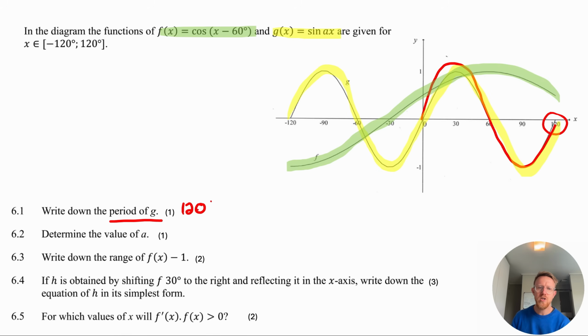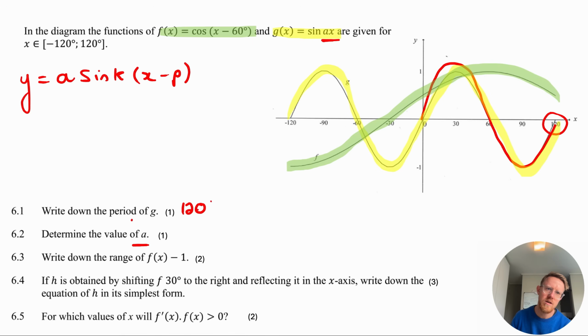Now, the next question says, what is the value of A? So we can see A is over there. So remember that in a trig equation, we usually get something like this. Now, they've made it a little bit weird by the fact that they've put the A there instead of there. But that's okay. But let me just remind you what each of these expressions does. So this part here, that is like your vertical stretch.